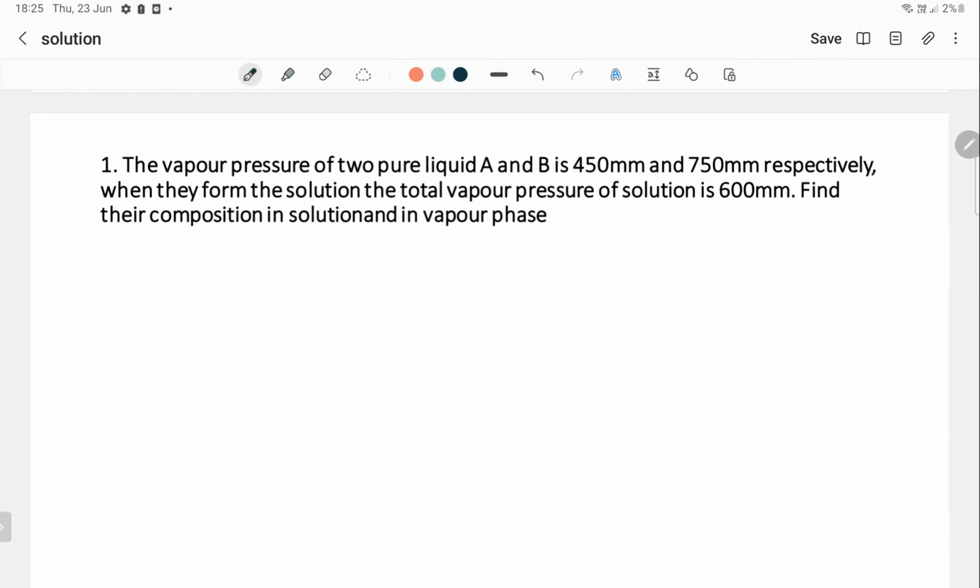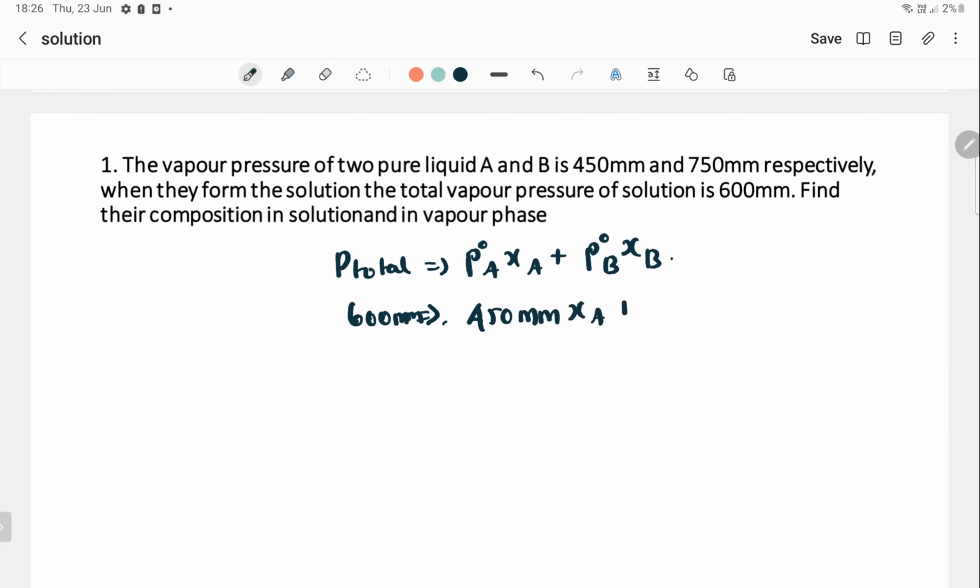When they form the solution, the total vapor pressure of the solution is 600 mm. P total they have also given. So P total is equal to PA0 XA plus PB0 XB. P total is 600 mm. PA0 is 450 mm XA plus PB0 is 750 mm XB.